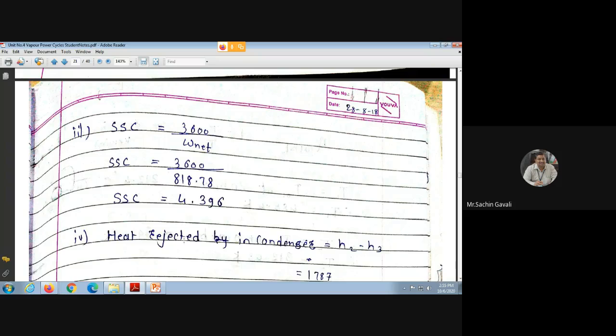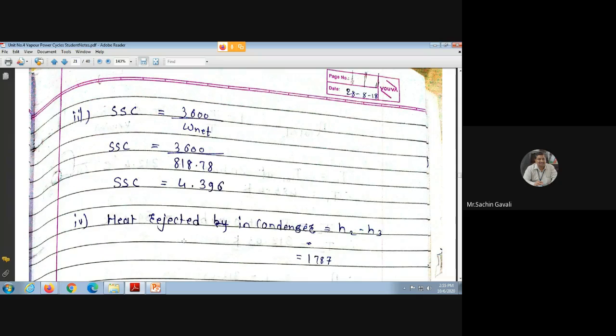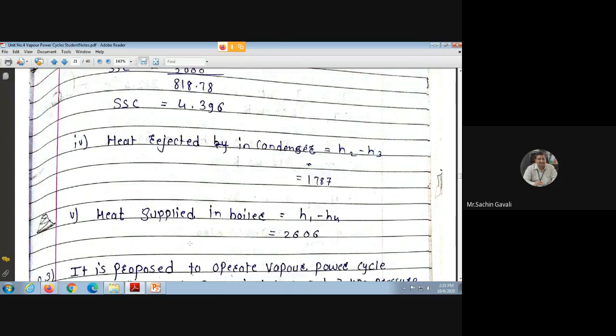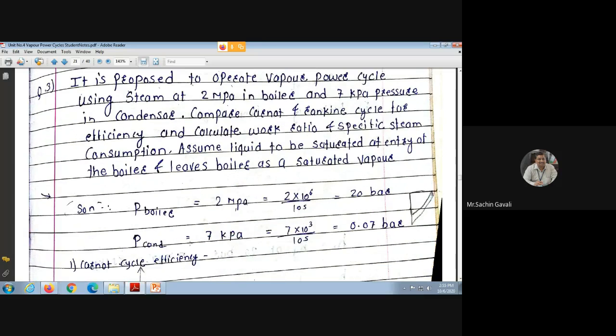Then the specific steam consumption, W net 4.396, 4.4 near about. Heat rejected 1787, heat supplied 2606. That way, if we know all H1, H2, H3, H4, then we can calculate.